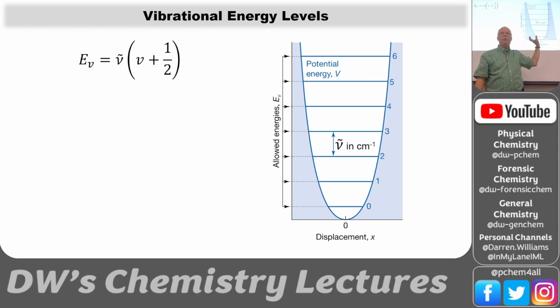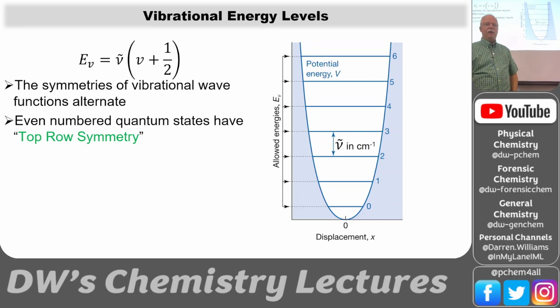It's kind of like our particle in a box, but it's different in a few ways. In this case, the even numbered quantum states have top row symmetry. Also, the ground state is quantum number 0, not 1. In the particle in a box, the lowest state was 1. In this case, the quantum number is V.